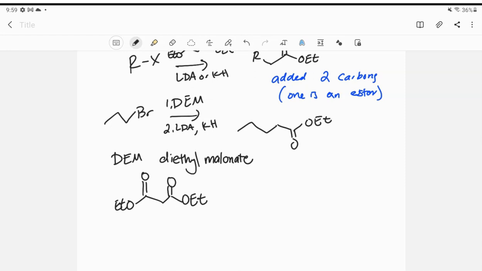So, mechanism. Let's take a look. We have our base. Let's say we're using H- because that's the easiest one to draw. Doesn't matter which side we go up on. Again, this is irreversible.